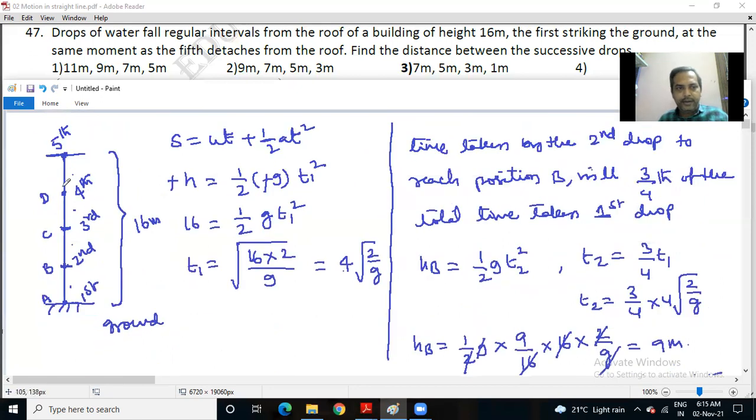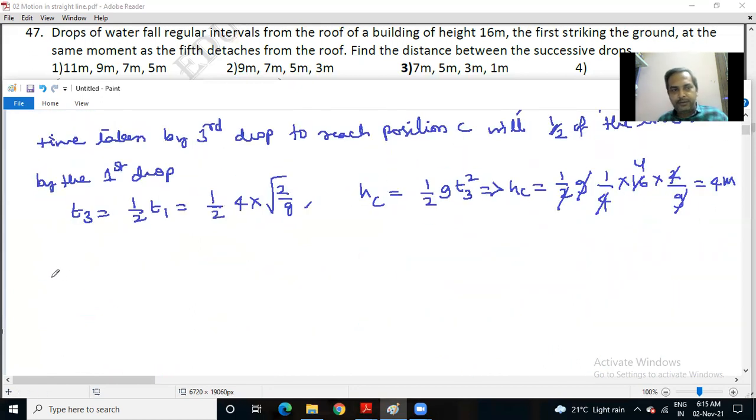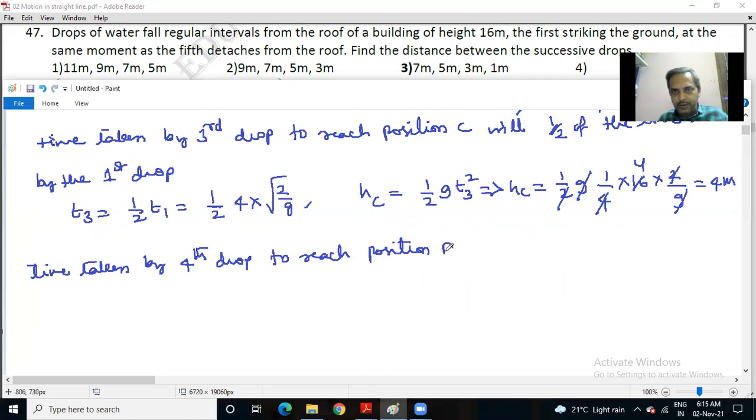And the fourth drop. Because 4 gaps are there, it takes the fourth part of the total time taken by the first drop. So the time taken by the fourth drop to reach position D will be 1 by 4th of the time taken by the first drop.